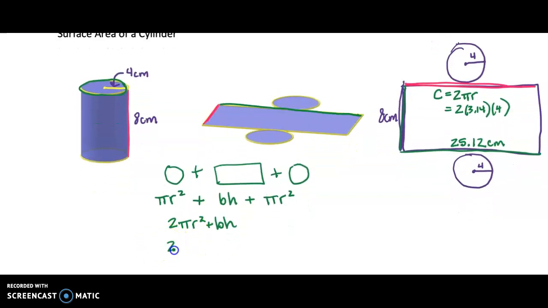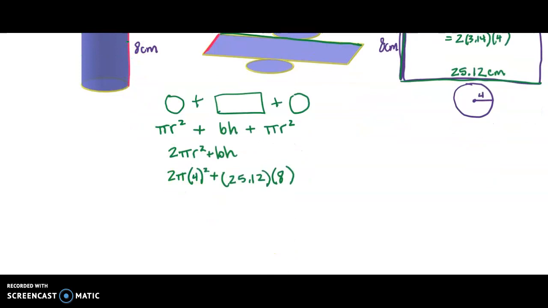So we're going to do 2 pi times our radius, which we already said was 4, quantity squared, plus our base, which we said here was 25.12, times the height of that, which is 8. I do one thing at a time. Remember, order of operations says I have to square that 4 first.